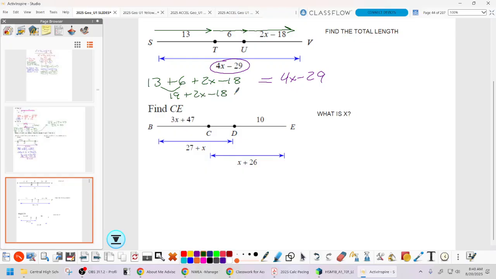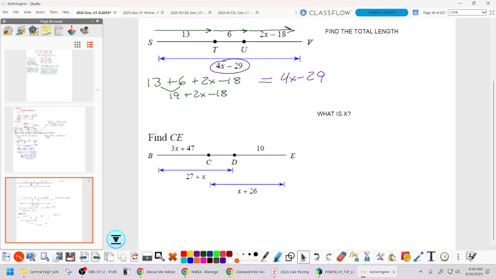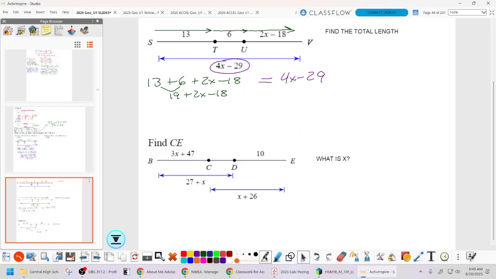And so we get, move this down, this becomes 2x plus 1, and then equals the other total, 4x minus 29. And then how about solving from there? Well, get your x's together. That would be minus 2x minus 2x. Let's get our constants together, and that would be plus 29 plus 29.